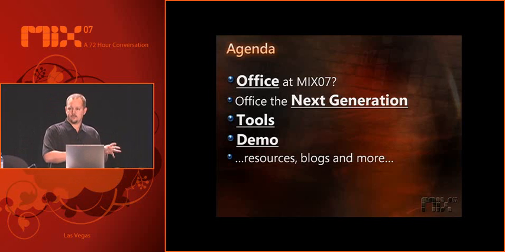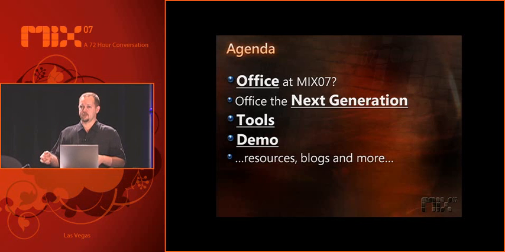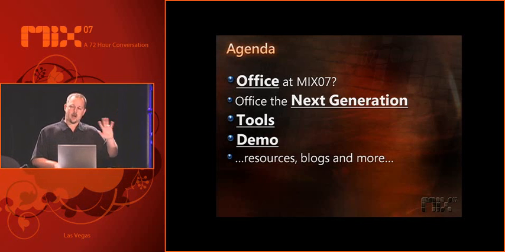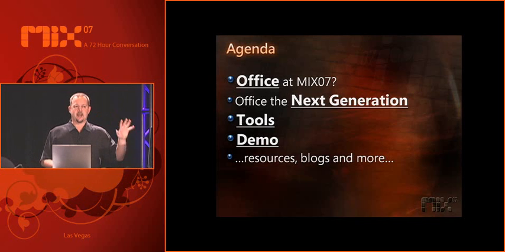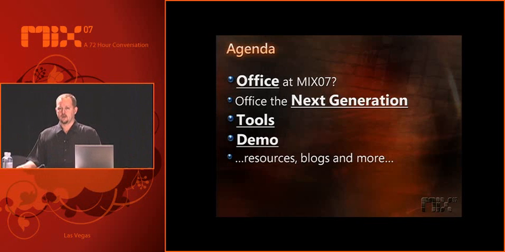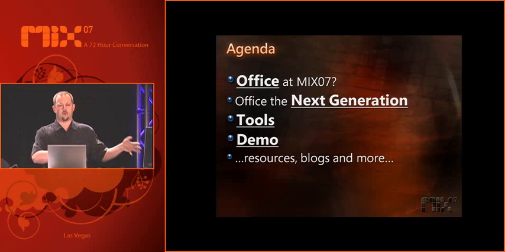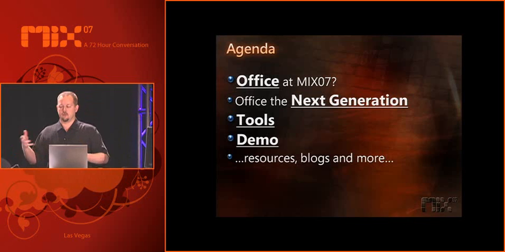I want to focus a lot of the session time on the tools strategy and the investments we've made to help you build these solutions. I'm doing my best to have as many demos as possible, versus a typical Office session that would have more text than demos. I'd rather spend more time in demos showing you what can be done.